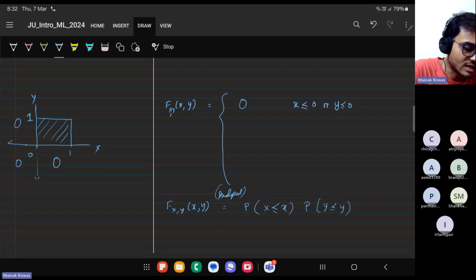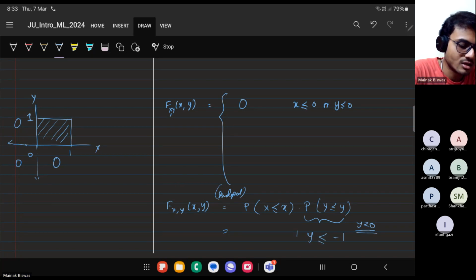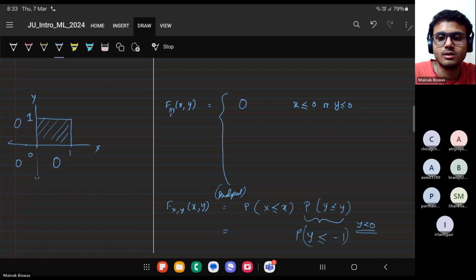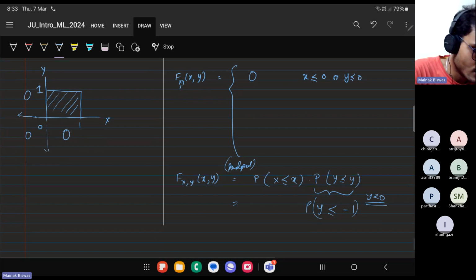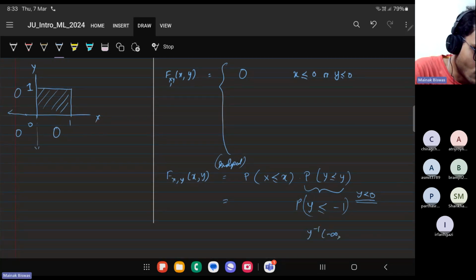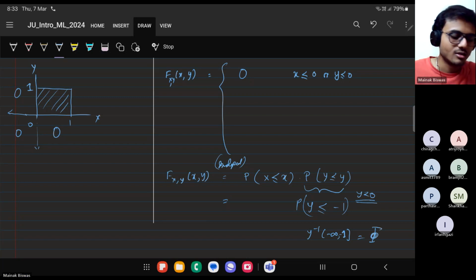So if this is the case, what is the probability that Y is less than 0? What is the probability of Y less than minus 1? 0. Very good. The preimage of minus infinity to minus 1 would be just the empty set, so this will have probability 0.